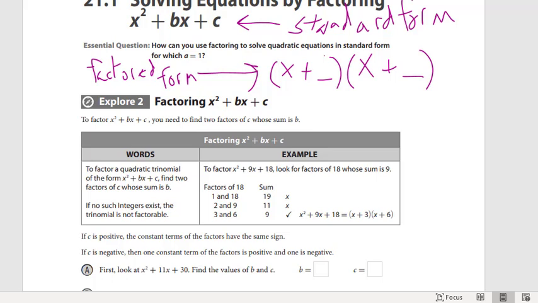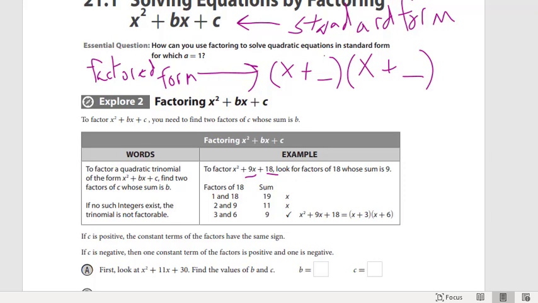So in this first example, we have x squared plus 9x plus 18. We are going to look for factors that add up to 9, but multiply together to get 18. If you break it apart into all of the different factor pairs, 1 times 18 is 18, 2 times 9 is 18, and 3 times 6 is 18.